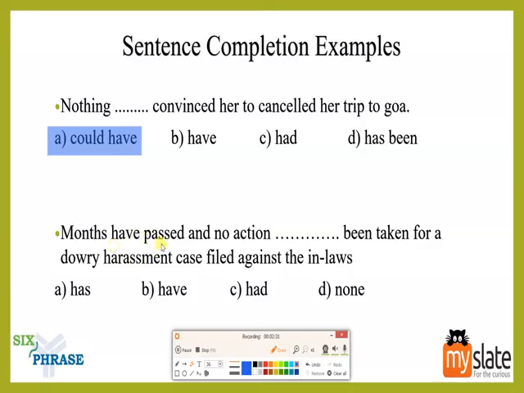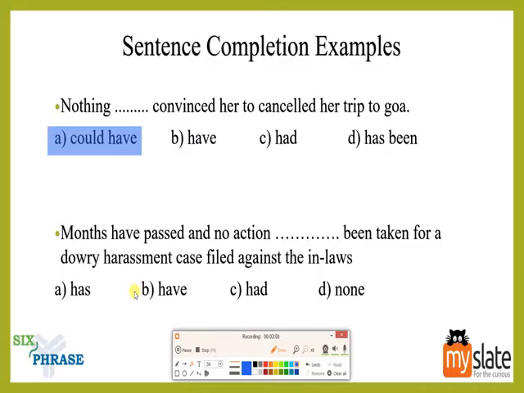Months have passed and no action dash been taken for a dowry harassment filed against the in-laws, right? So someone has filed a case against their in-laws because they wanted dowry. What we'll have to do here is look at singular and plural, whether the subject is singular or plural.